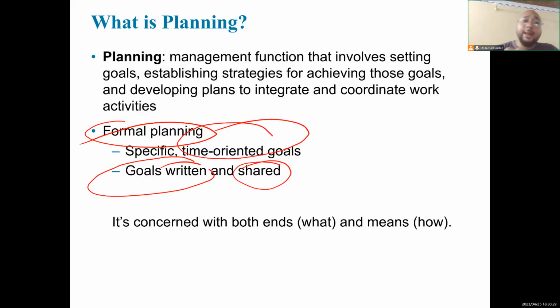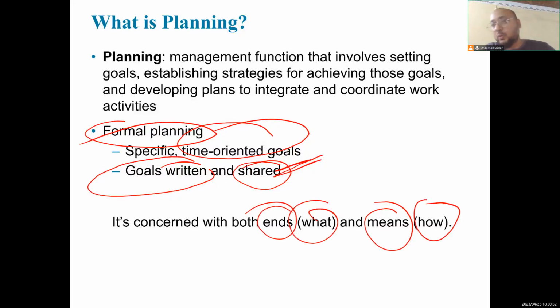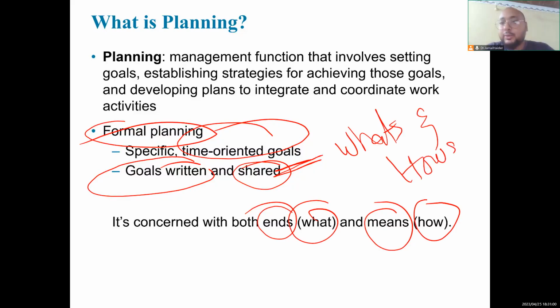So remember, planning does not mean you just make short term goals and that's done. No, it must be shared and integrated. So it is concerned with both ends and means: what we are trying to achieve and how we are going to achieve it. What and how. Many students, or layman businessmen, just focus on the what.